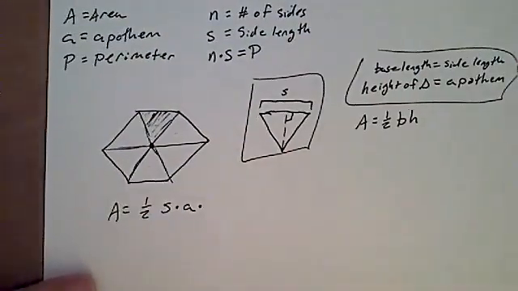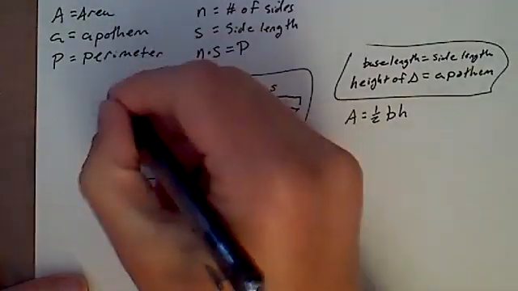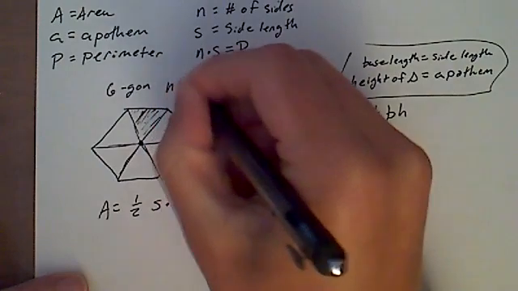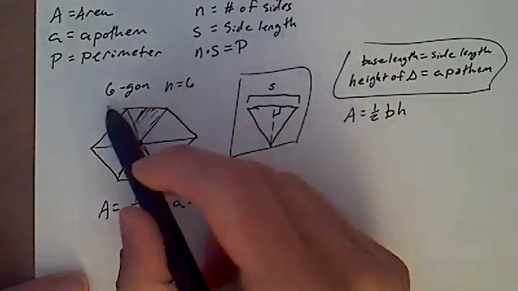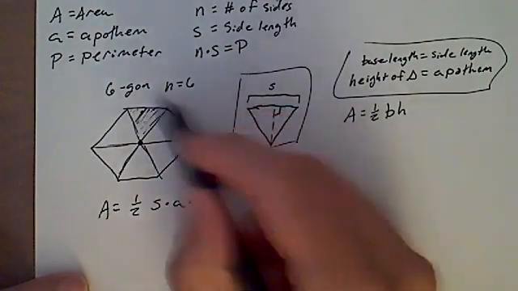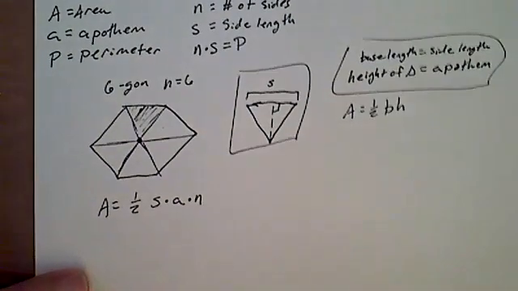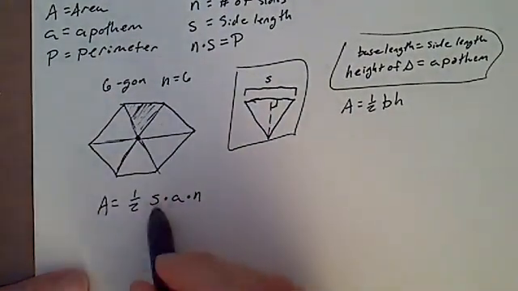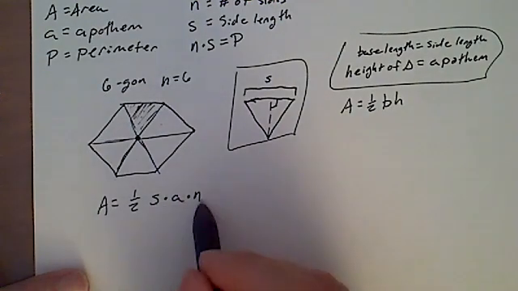So if we wanted to sound silly, we would say something like this is a 6gon, right? Because n is 6, right? Well, we have 6 of them. If it's an 8gon, n is going to be 8, and there's going to be 8 triangles, right? So we have 1/2 for the area of the whole thing, 1/2 a side length times the apothem times the number of sides.